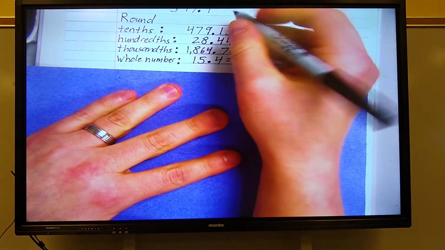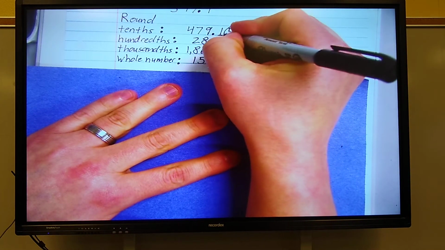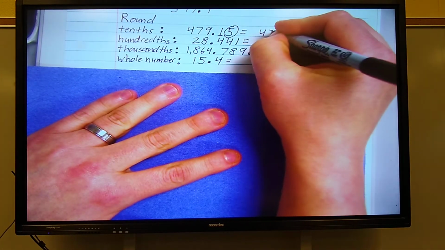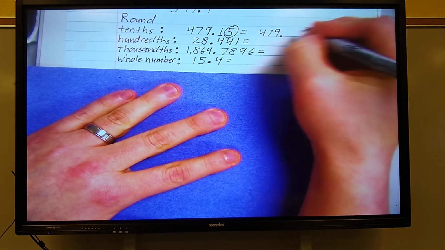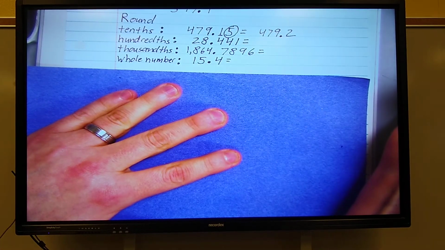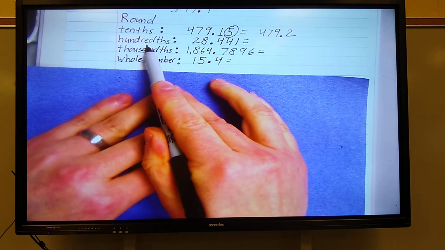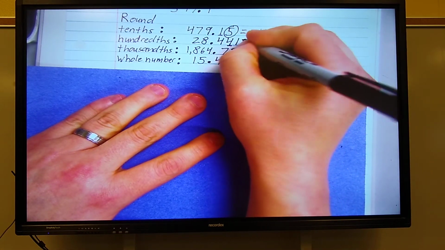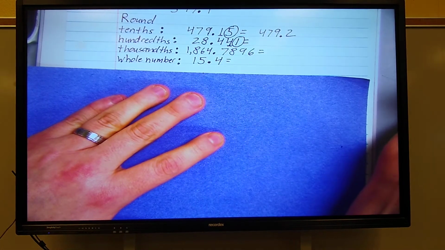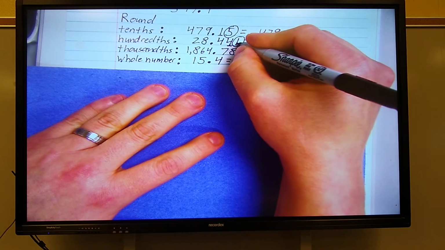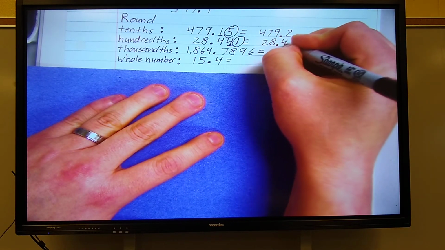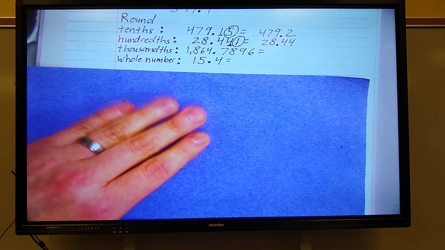The 1 is in the tenths place. I look at the 5. The 5 tells me to round up. So the answer is 479 and 2 tenths. Rounding to the nearest hundredths. This 4 right here is in the hundredths place. That means I look at the thousandths. The 1 tells me to round down. So my answer is 28 and 44 hundredths.